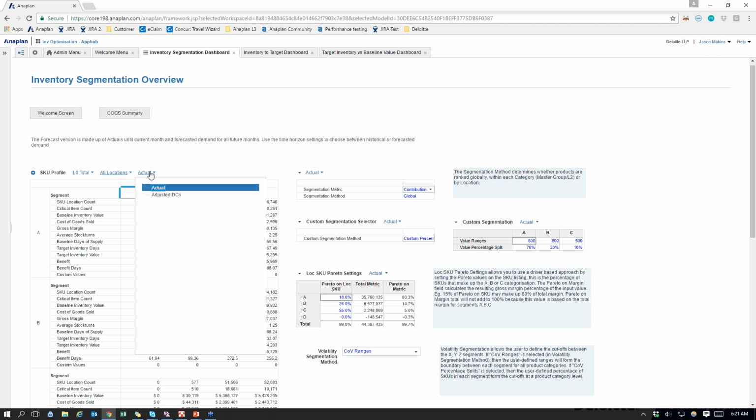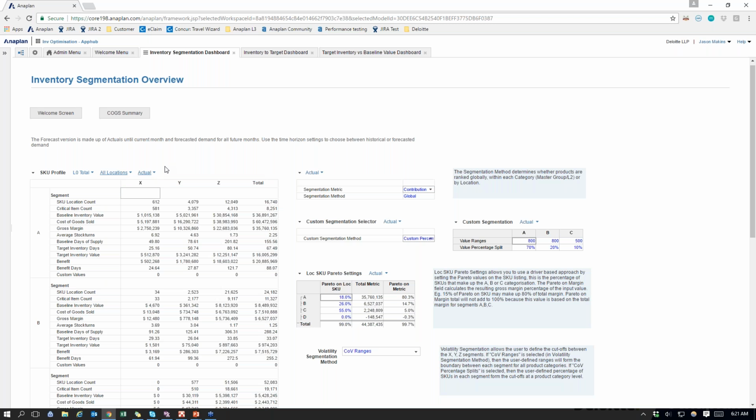Mostly what we find is we've got two or three versions. Mostly what we find is setting target stocks upfront, or the first time round if we're giving a new capability in Anaplan, is they're based off actuals. So you're looking at historical demand, what happened in the last 12 months or 18 months.